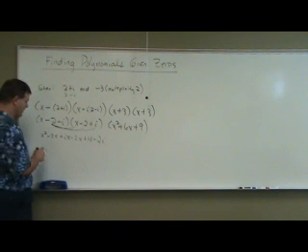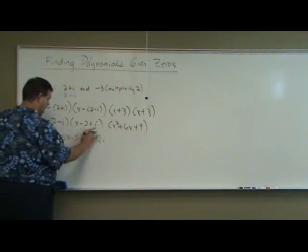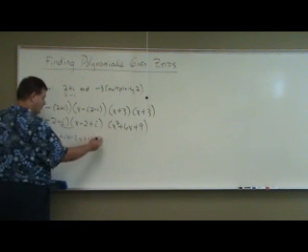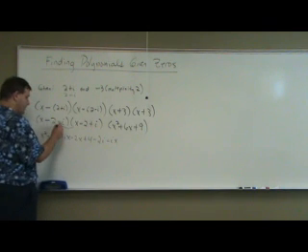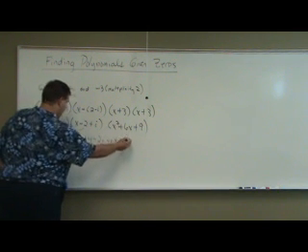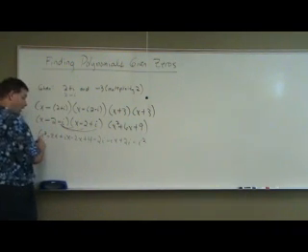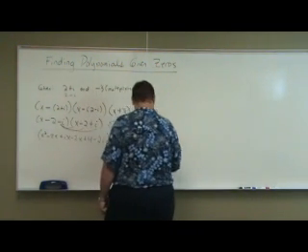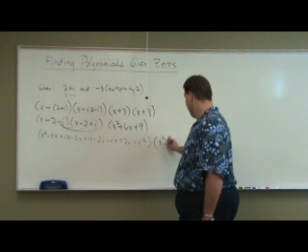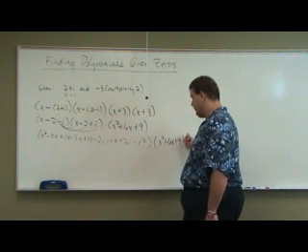Lots of room for mistake here, so be careful. Then we have minus ix plus 2i minus i squared. All of that is going to be multiplied by x squared plus 6x plus 9.